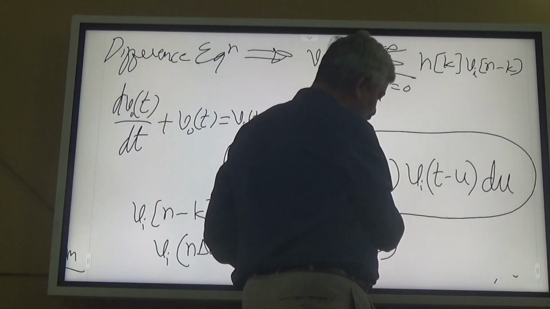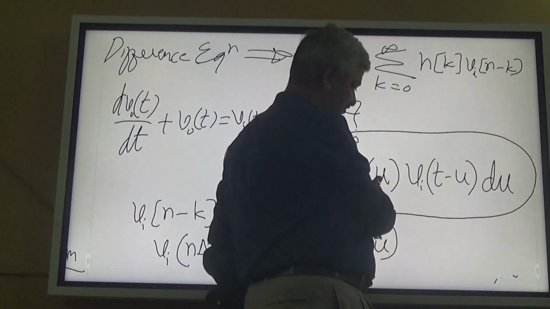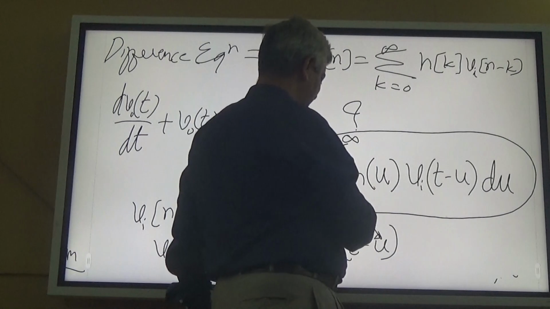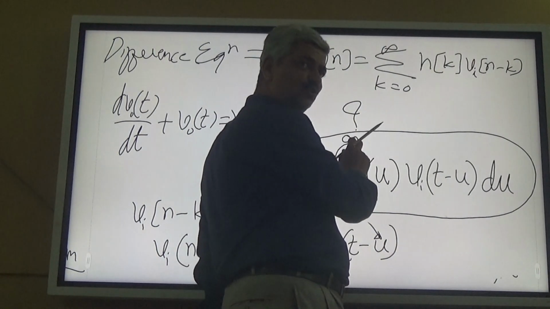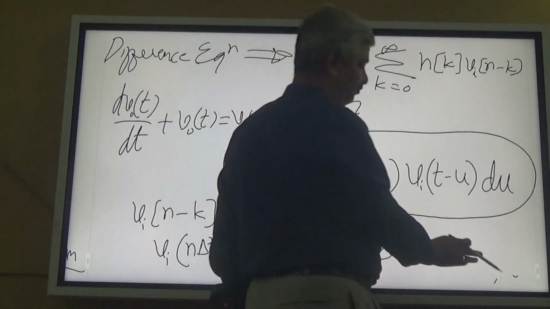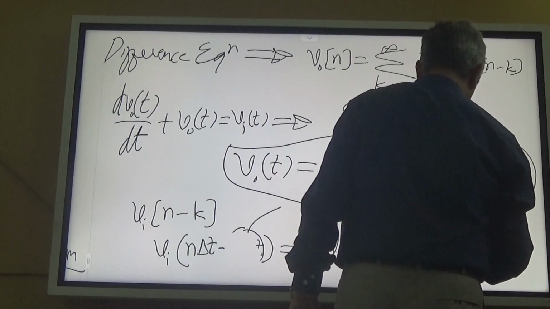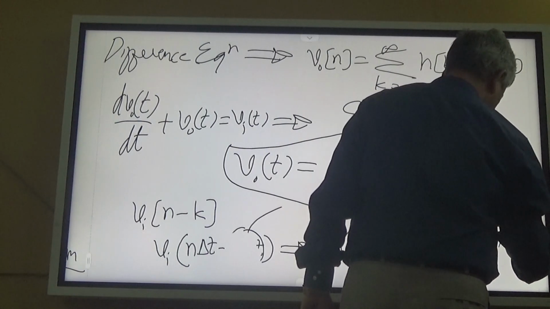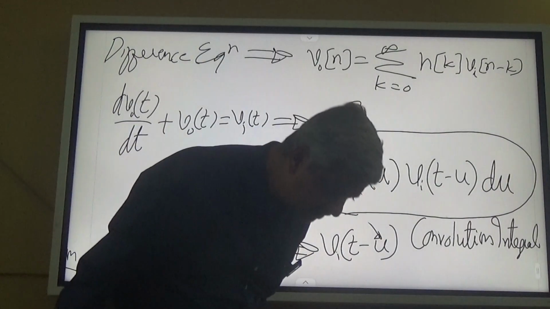यातले HU आणि डेल्टा U चा प्रॉडक्ट म्हणजे HK होते. HU आणि इंटिग्रेशन लिमिट ऑफ सम मध्ये, this U becoming from 0 to infinity, U changing from 0 to infinity, this is called as convolution integral.